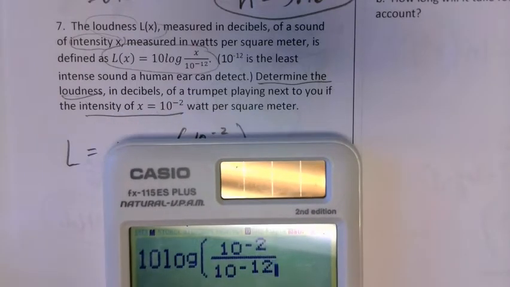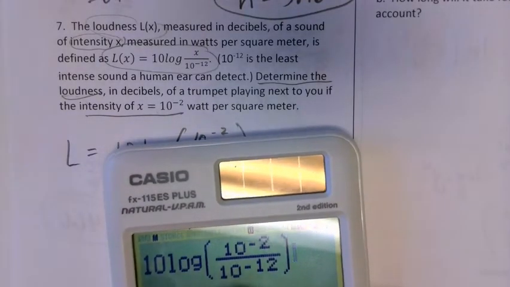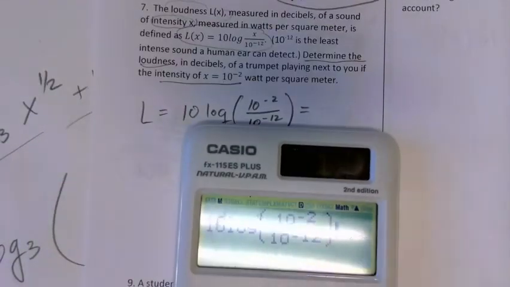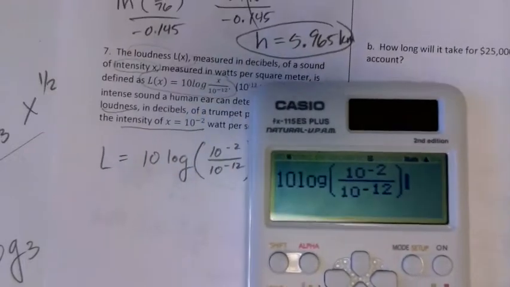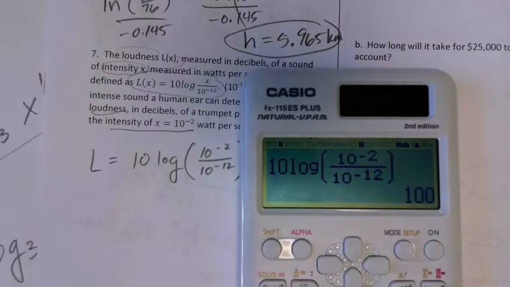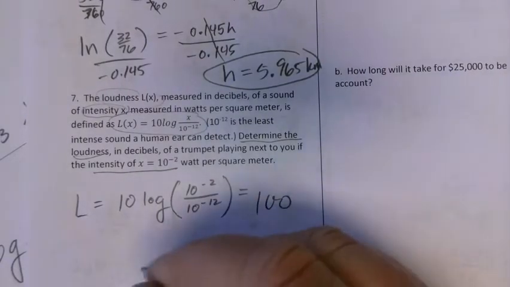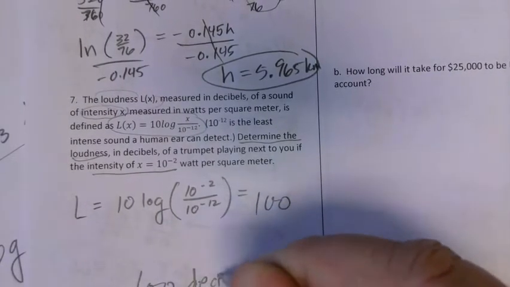There it is. That's better to see. Yep, what I've written is what I've typed. And so I hit equals and I get 100. Cool, 100. So 100 decibels.